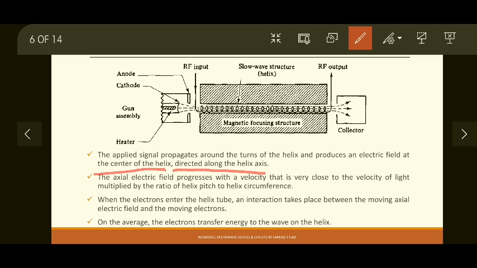This electric field propagates with a velocity that is very close to the velocity of light. Okay, so it is very high velocity multiplied by the ratio of helix pitch to the helix circumference.